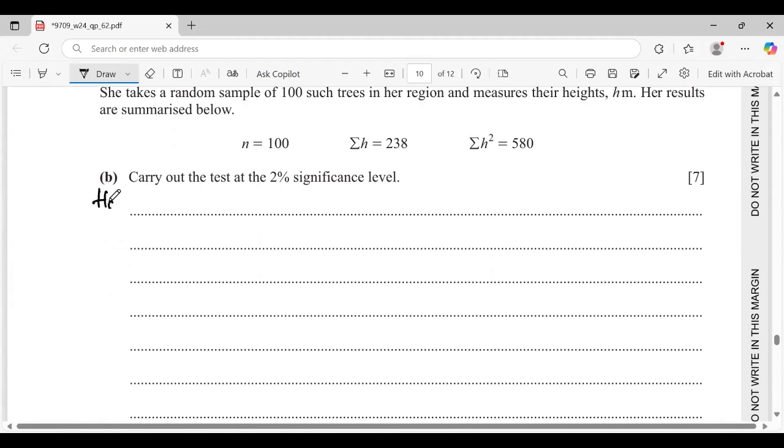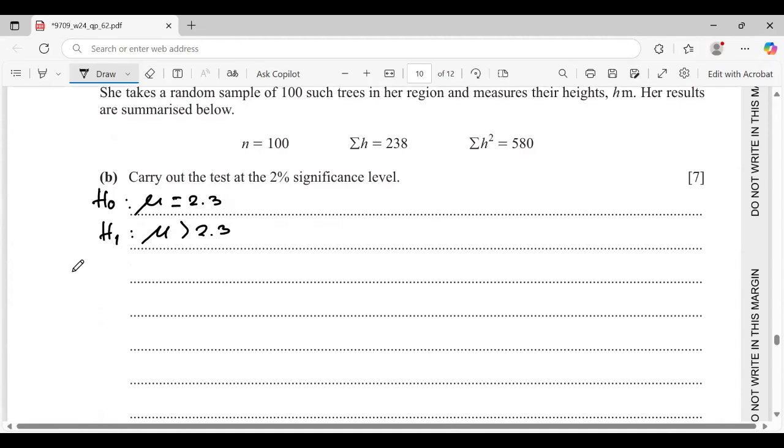The null hypothesis, mu equals 2.3. And the alternative hypothesis, mu greater than 2.3.